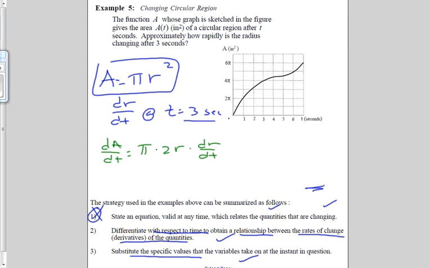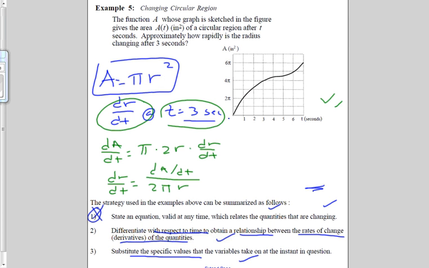Since we're looking for dr dt, we get dr dt equals dA dt over 2 pi r. Well, okay, but now we don't have dA dt and we don't have r. What we need to use is this information at 3 seconds.